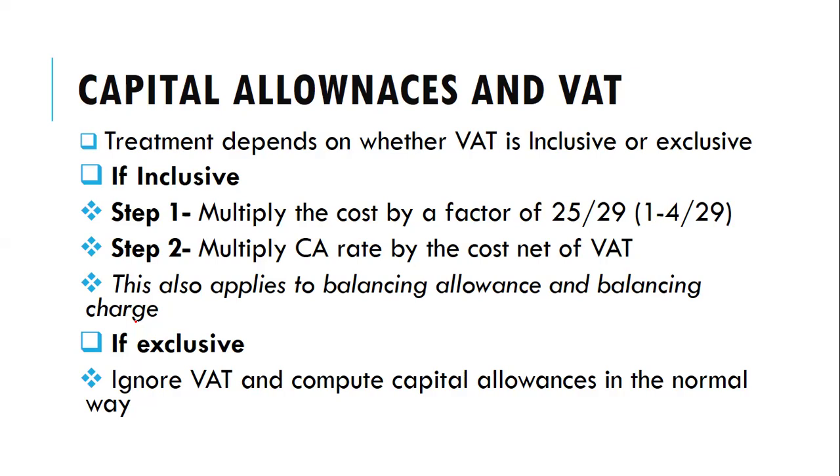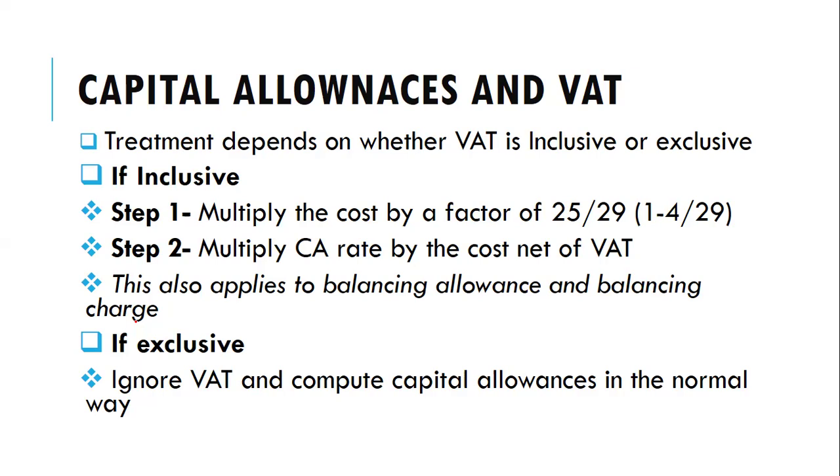So when dealing with capital allowances and value added tax, we need to remove the value added tax if the cost is VAT inclusive, and if that VAT will be recovered when we are computing the value added tax, that is, if that asset is claimable.